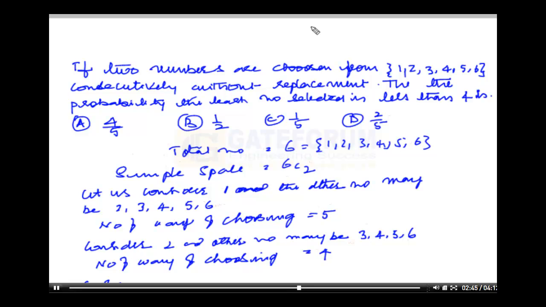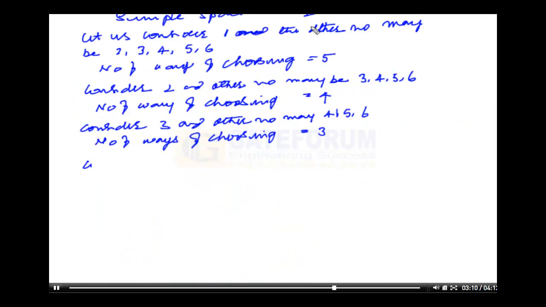Likewise, consider 3 and the other numbers may be 4, 5, 6. Hence, the number of ways in this case is 3. Again, next if you take 4, it cannot be less than 4, hence we can stop.